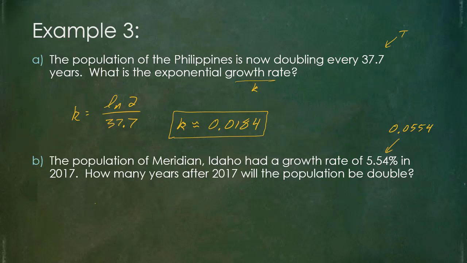So once again, it's going to be solving for a t, and in this case it would be the natural log of 2, just because it's talking about doubling, over, in this case, the k value, 0.0554. And for this one, typing that in, I get approximately 12.5 years.